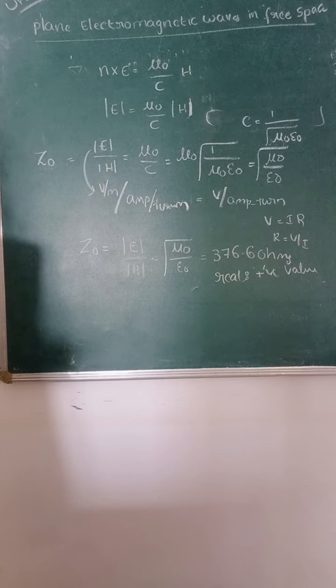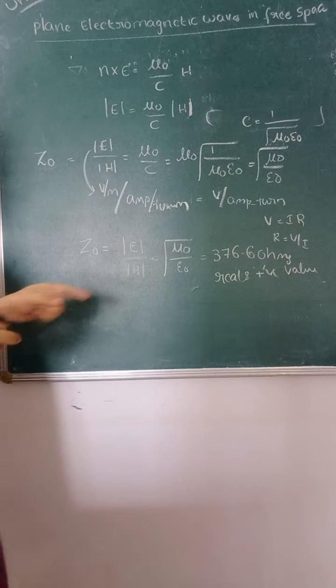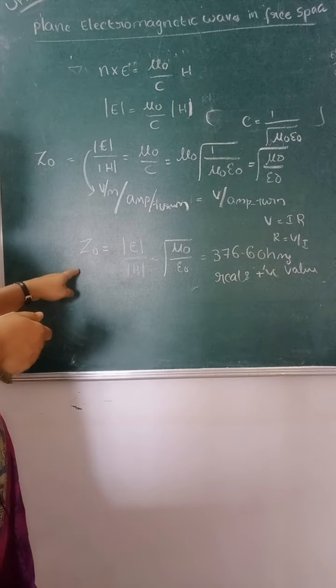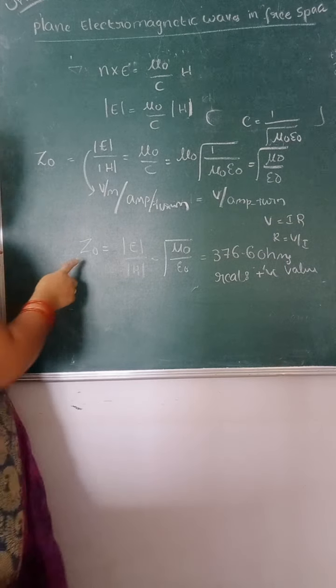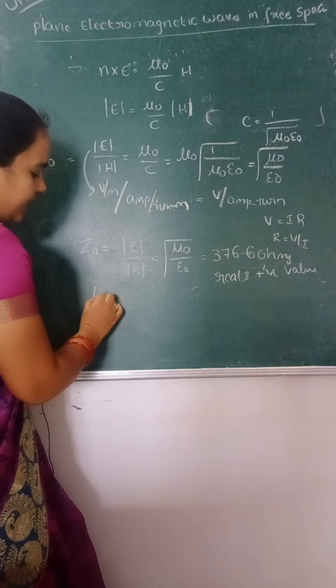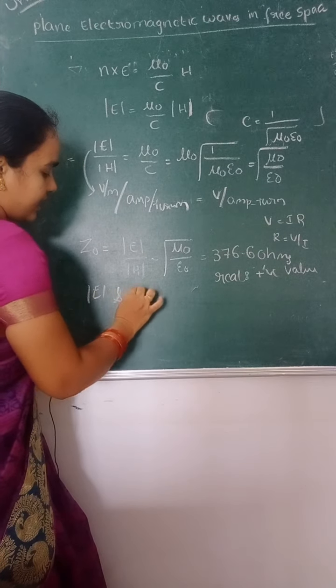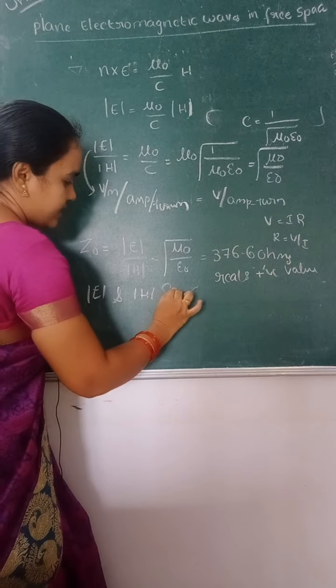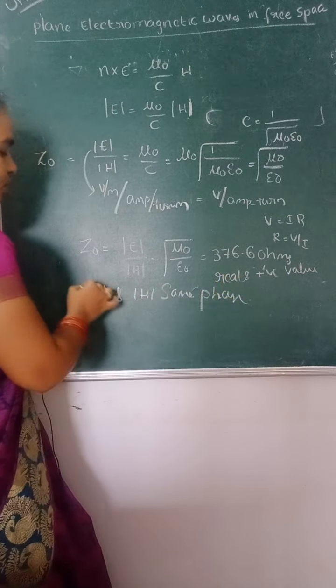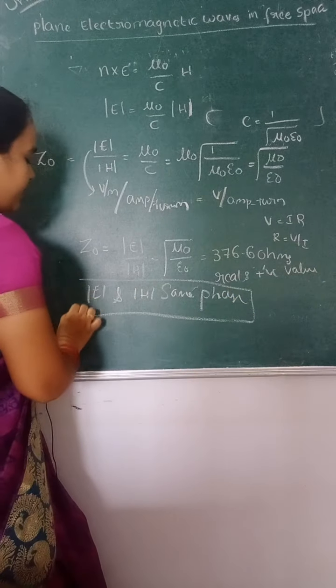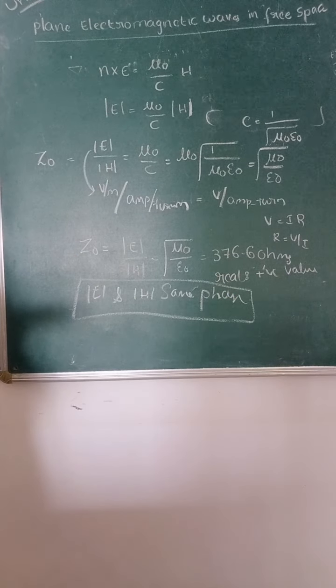This real and positive value of the impedance indicates that the field vectors E and H are in the same phase. If you get a real positive value of the impedance, then those vectors are said to be in the same phase.